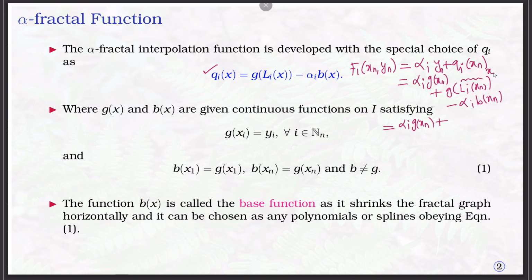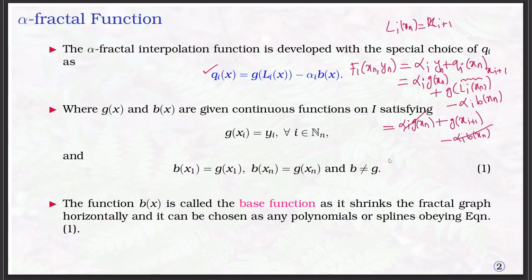If you are applying Li on xn, it will map to xi plus 1, Li of xn equals xi plus 1. So, here you can get g of xi plus 1 minus alpha i b of xn.